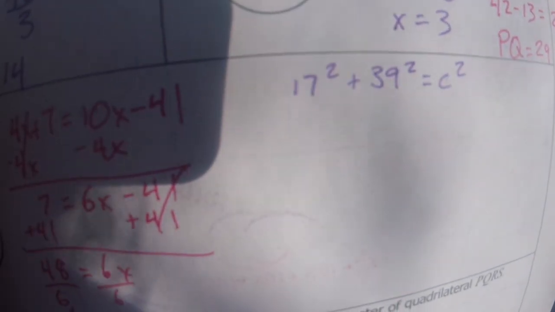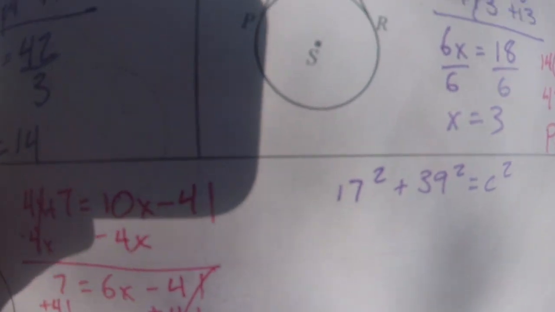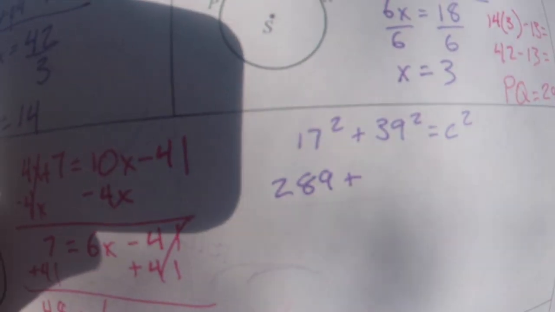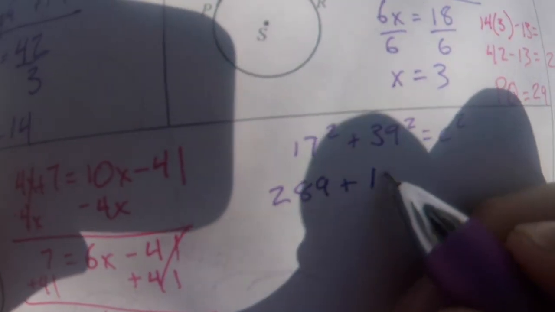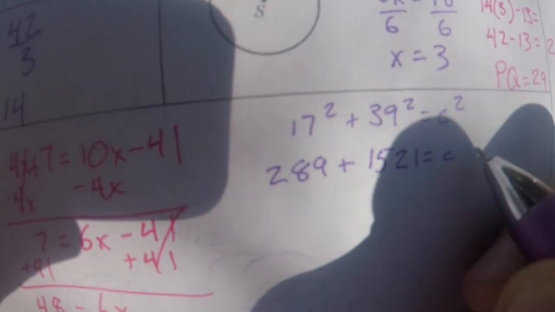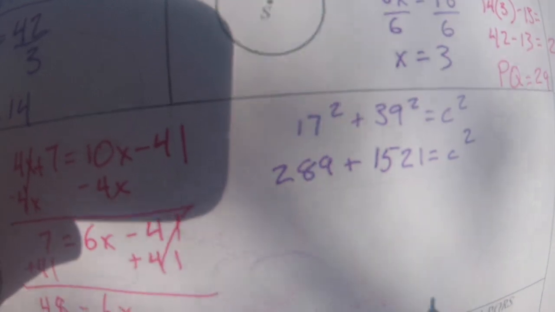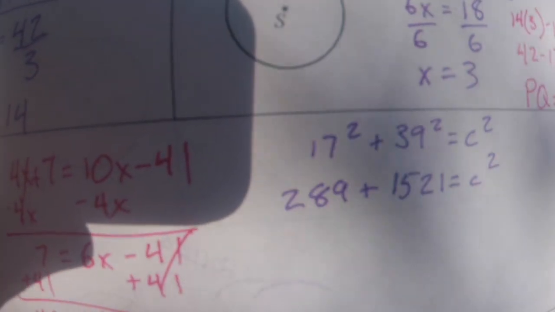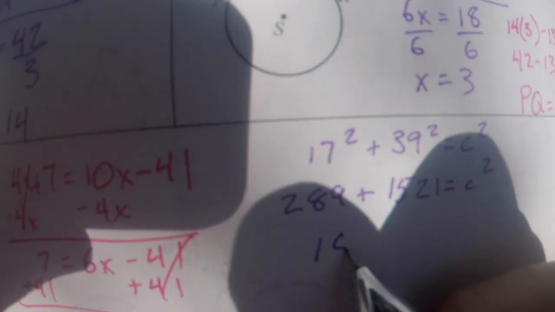17 squared is 289. 39 squared is 1521. Equals c squared. If I add these two together, 1521 plus 289, I get 1810.